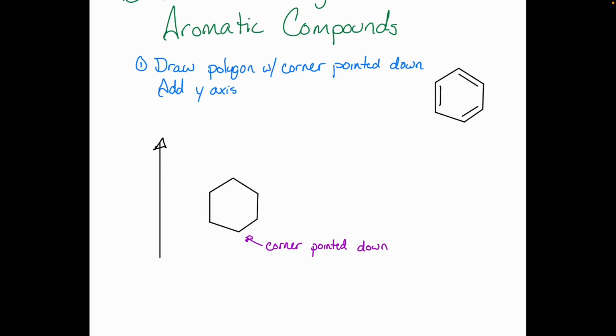Now in my polygon here, at each corner, at each intersection, I'm going to add an energy level at each corner.